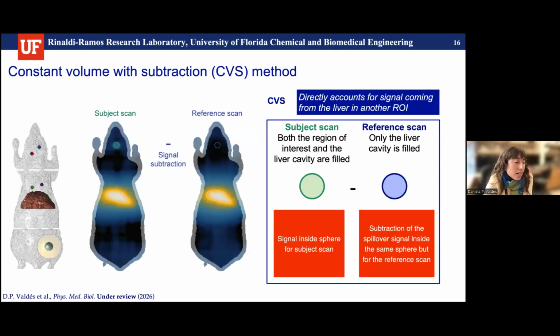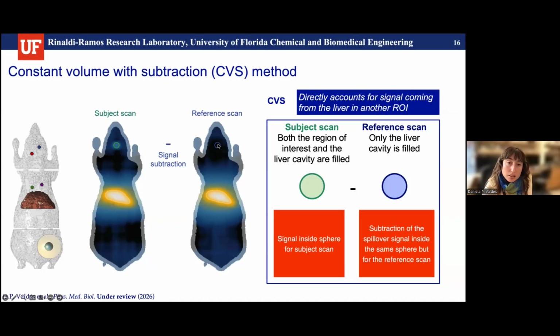So finally, how do we solve this? So I developed the subtraction method. It consists of grabbing the subject scan, the ones that we were analyzing, and then acquiring a reference scan that is the same phantom with just the liver filled and no capillary or cavity filled in for the region of interest, and then digitally subtracting the signal from the reference scan.